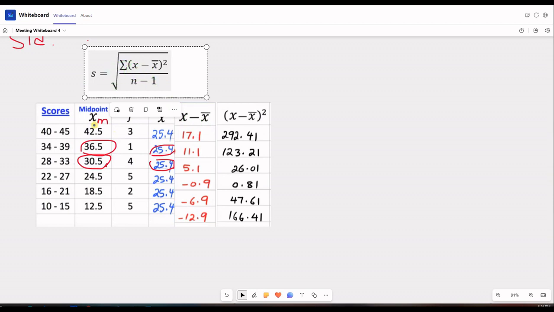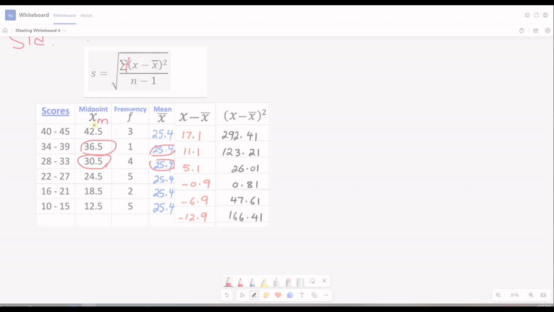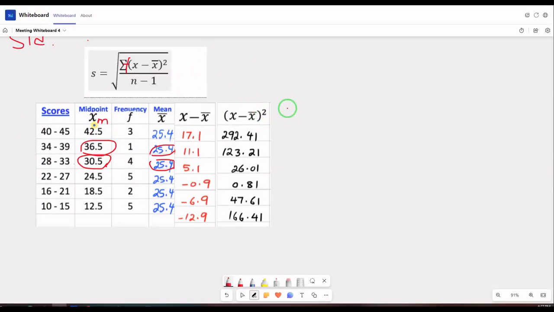Now, for this specific formula, I used this formula, but because the frequency is not 1, I had to make some adjustment. So I added an F here, which accounts for the frequency. So if I want to use this formula, then I have to add the next column and multiply each of these squared deviations by its associated frequency, right? So what I mean is the next column would be this one.